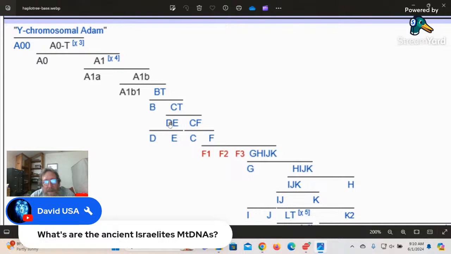So this is actually separate. This is what they call the YAP-DE, which separates the D and the E from the C and the T and the F. So the C shares a marker because of course it has a common ancestor with the F, which is Noah.